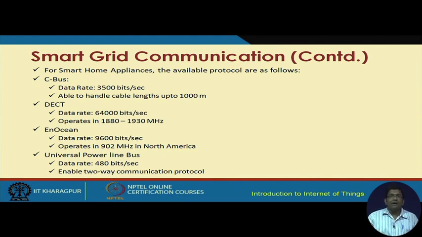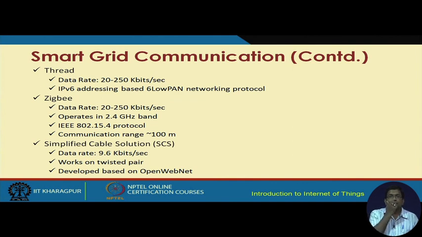For smart grid appliances, the available protocols that are used are CBus, DECT, the NOSEN and the universal power line bus. I am not going to go through them, but the corresponding data rate and the main features are given in the slide in front of you. Similarly, we also have Thread, Zigbee and simple cable solution SCS with their corresponding data rates and features given over here.